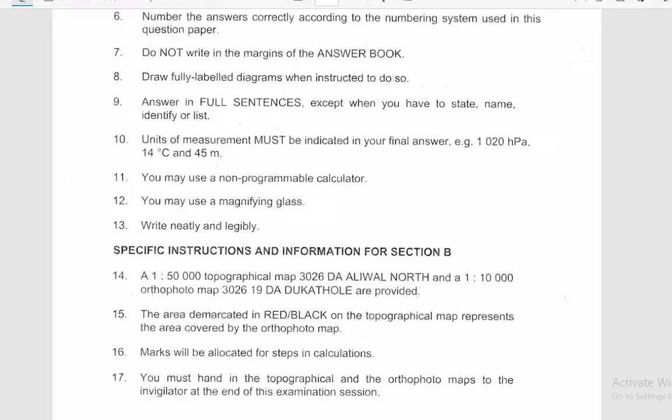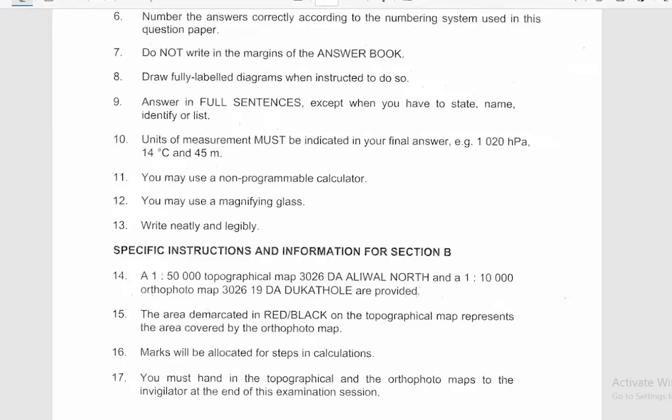Then if we check instruction number 10, it's also a very key instruction that is mostly disregarded by learners, and they end up losing marks for that. Units of measurement must be indicated in your final answer. For example, 1020 hectopascals, 14 degrees Celsius, 45 minutes. You should not disregard the units of measurement, because if the answer is just 1020, what?